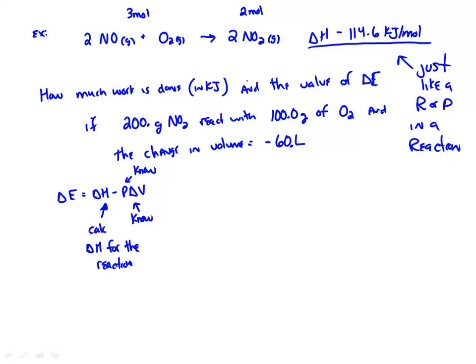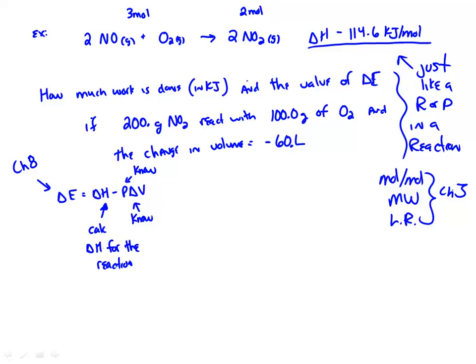So what we're really doing is taking this equation from chapter 8 and taking our mole-to-mole ratios, our molecular weights, and the concept of limiting reactants from chapter 3. That's one of the beauties, or one of the bad things, about chemistry: we're always pulling stuff forward and asking, do you remember how to do this? You can't forget chapter 3. Not allowed to.